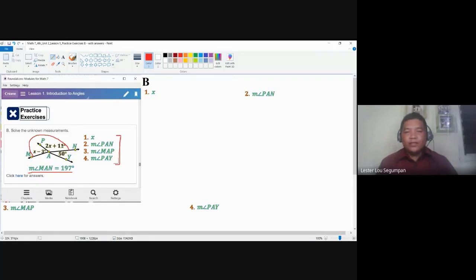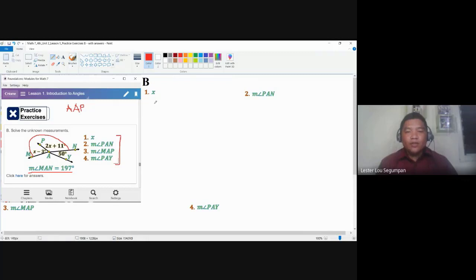To solve for this, we do have the angle addition postulate, which tells us, similarly to the segment addition postulate, but for segments only, here, angle addition postulate tells us that the measurement of an angle could be a combination of two different measurements. In this case, the measurement of angle MAP and PAN.